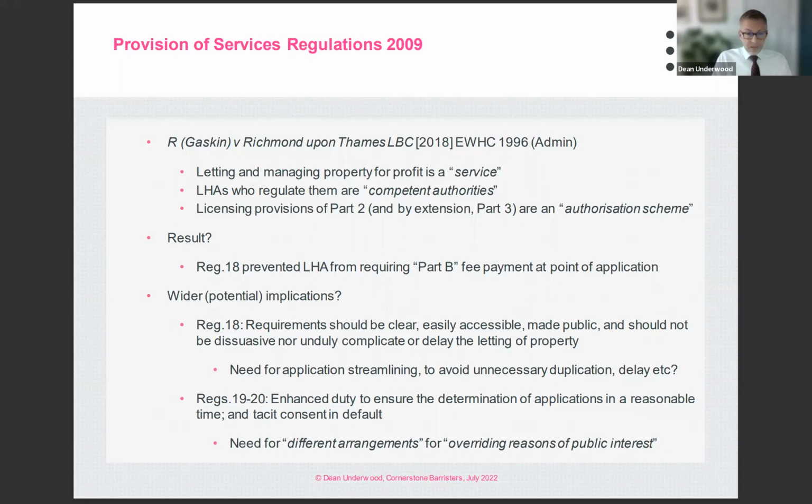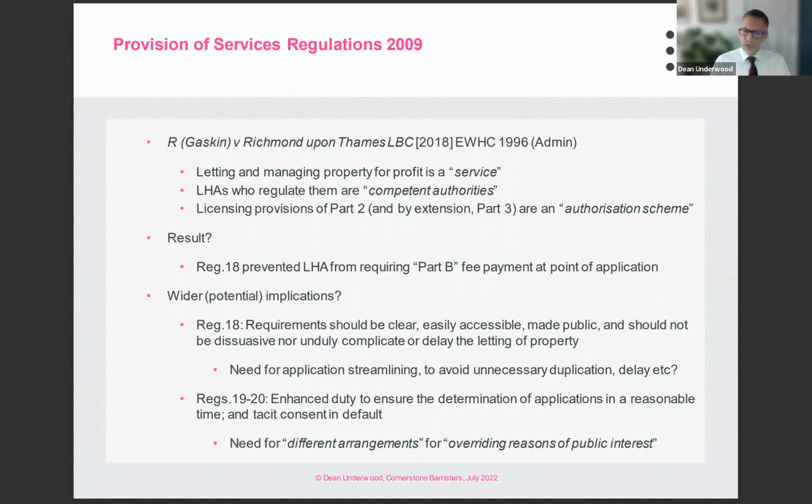They must be easily accessible. They must be made public in advance. And importantly, perhaps, they should not be dissuasive nor unduly complicate nor delay the letting of property. In the words of the legislation, the provision of the service.